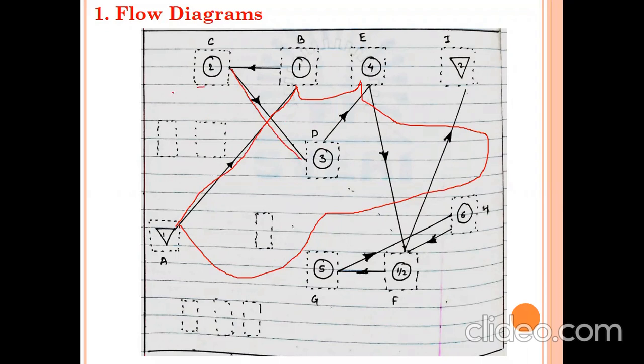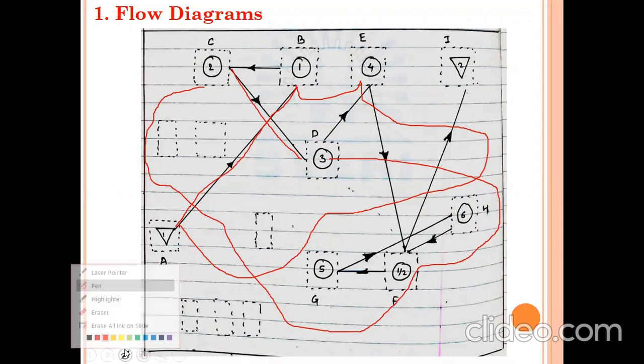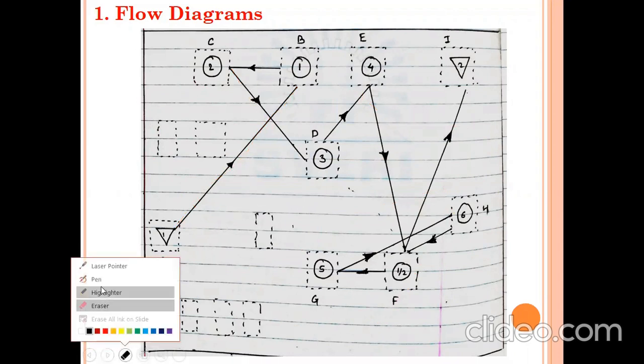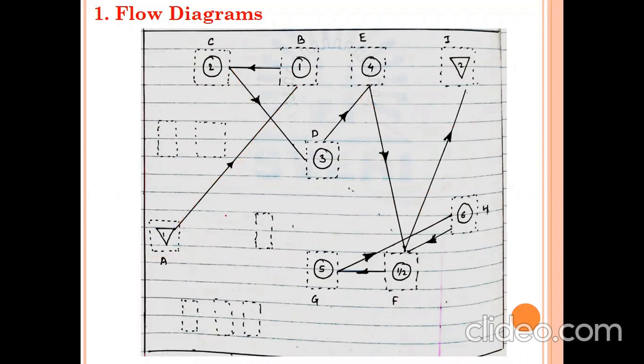But if I go this way, making rounds to other things, that indicates wastage of time. So more time may be required. So we can call this the flow diagram from one point to another point, how it should be.